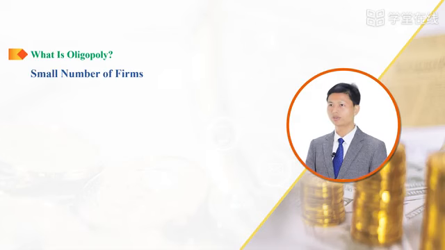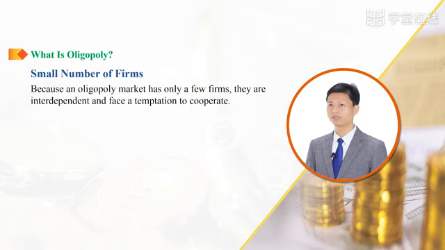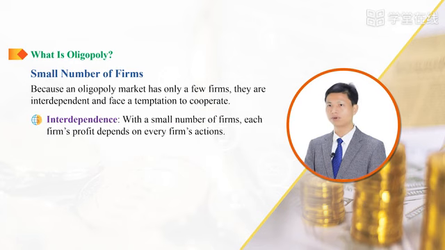Because barriers to entry exist, an oligopoly consists of a small number of firms, each of which has a large share of the market. And they face the temptation to cooperate to increase their joint economic profit. First, with a small number of firms in the market, each firm's action influences the profits of all other firms.